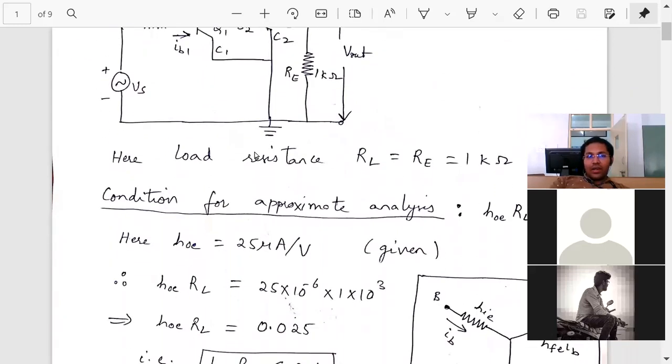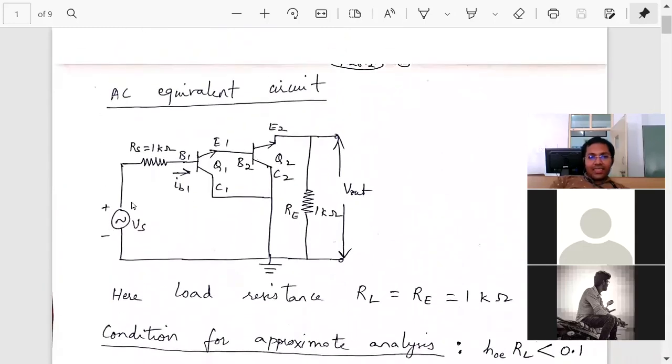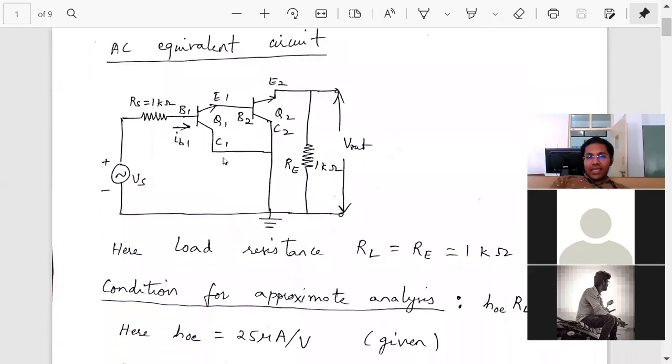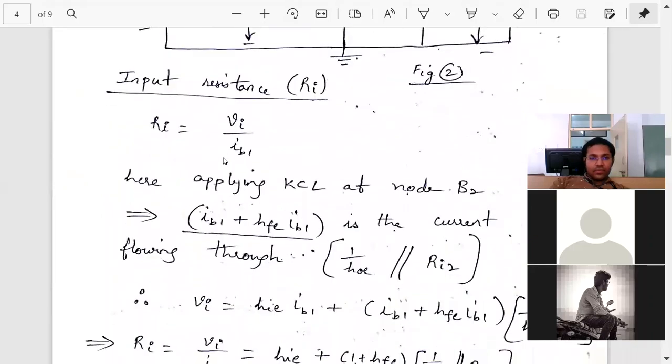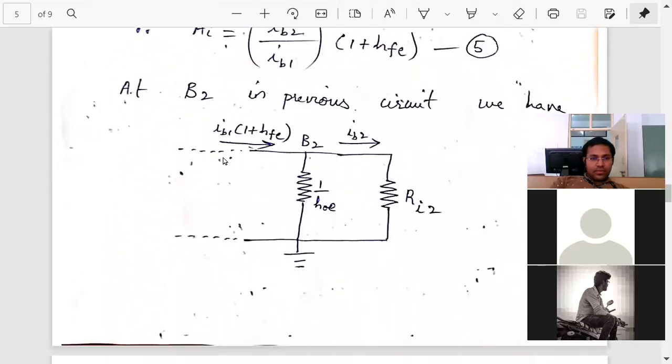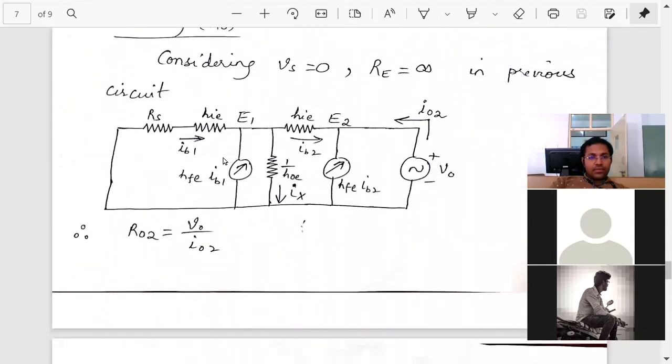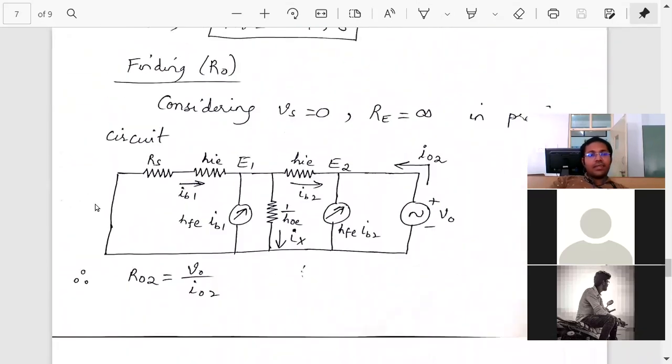Okay, so let us go to the R0. So what do we have? This one is short circuit, Rs as it is, open circuit, then 2 transistors, then we have the voltage source. The 2 transistors we should replace by the equivalent circuits. Here, Vs we have short circuited, then Rs as it is.